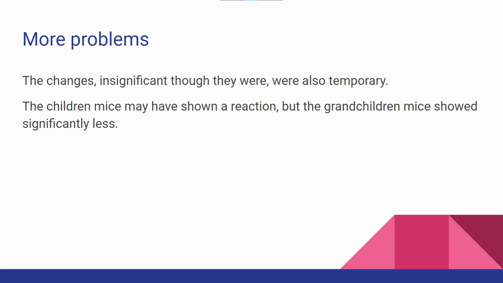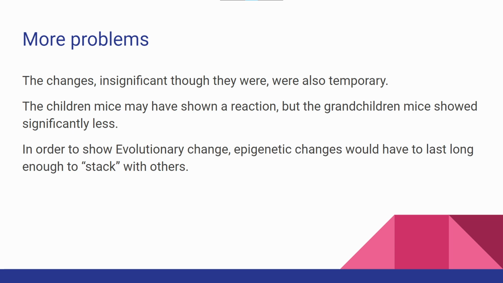Okay, even if it did last in some small way across multiple generations, the change presented in those mice was temporary. So if they're going to claim that epigenetic change is somehow a source for genetic evolution, which they can't define how, but somehow it's a source for genetic evolution, and genetic evolution is the result of minor changes stacking up over time until you eventually get to a different creature, then you would have to have epigenetic changes that last long enough in order to stack up over time.